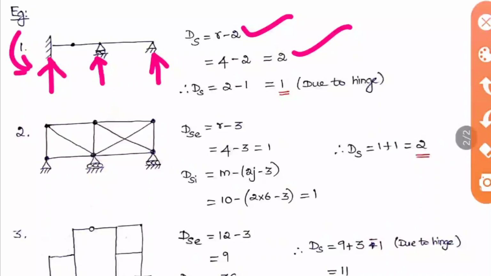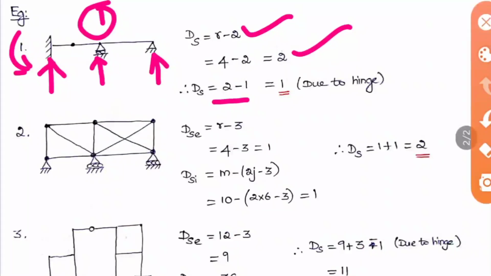So always remember this: the number of members it is connecting minus 1 should be the value of the hinge. So here this is 1, this is 1, so 2 minus 1, that is 1 only. So that value should be subtracted from this DS, so it is 2 minus 1, that is 1.